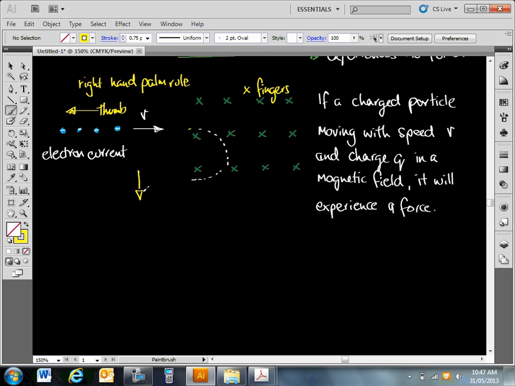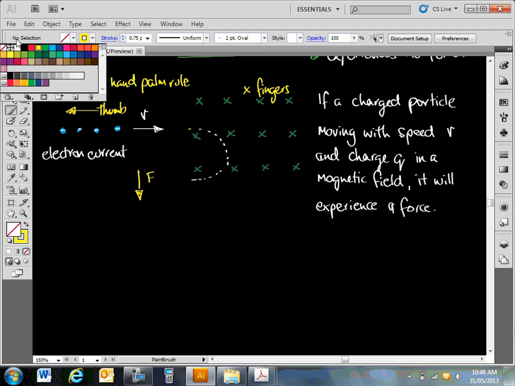Force down the page. I'm jumping the gun here, but imagine that's the velocity vector of that electron beam. Of course, the force is downward, and so the electron beam is going to move downward.